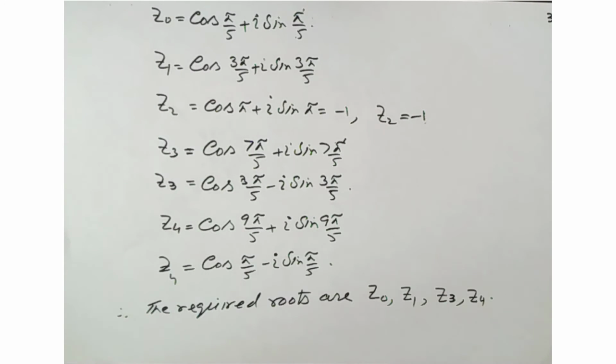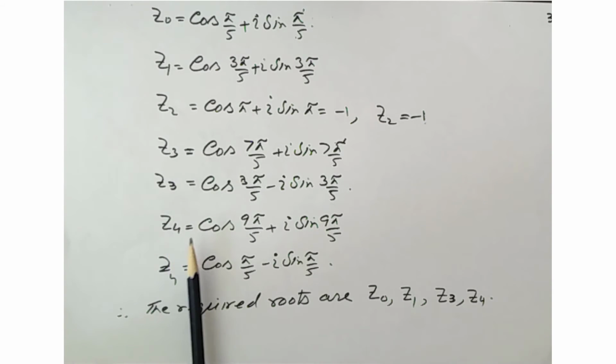Now z3 equal to cos 7 pi by 5 plus iota sin 7 pi by 5, but this is greater than pi, so this does not satisfy the condition of the argument of z. So we subtract 2 pi from 7 pi by 5 and we get minus 3 pi by 5.